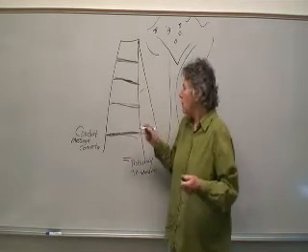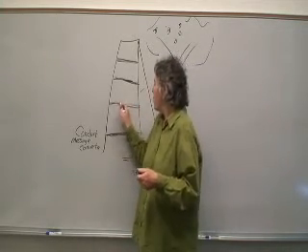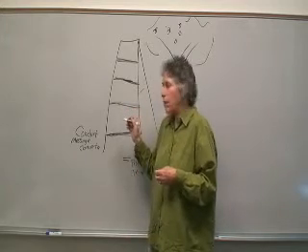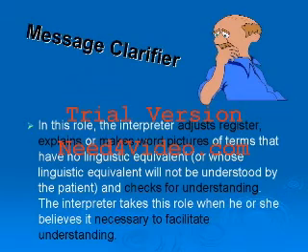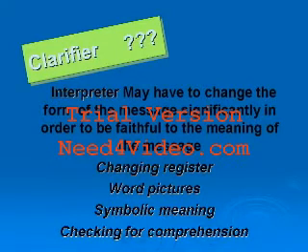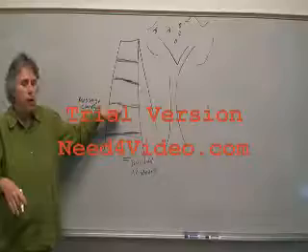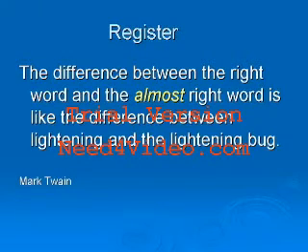As we move on up the hierarchy, the next role is message clarifier. Here you will be modifying some of what you've done on the basic role. Still not taking very much risk, but really beginning to use higher skills.